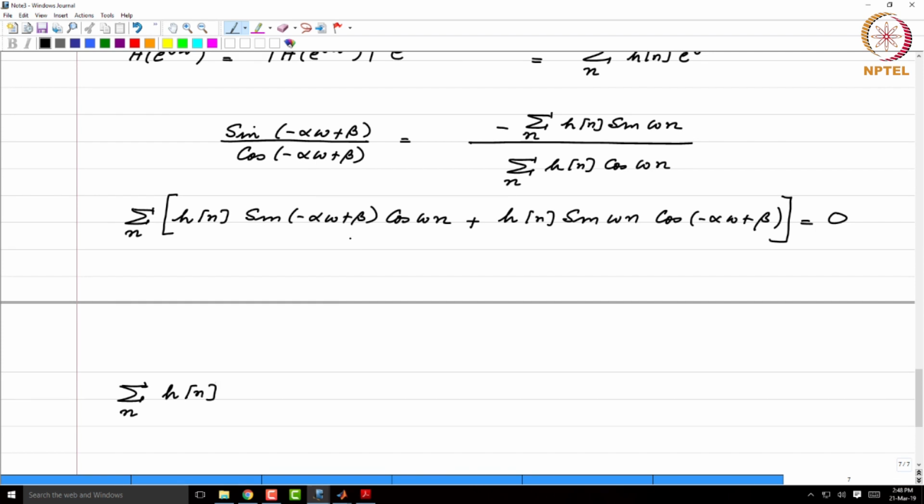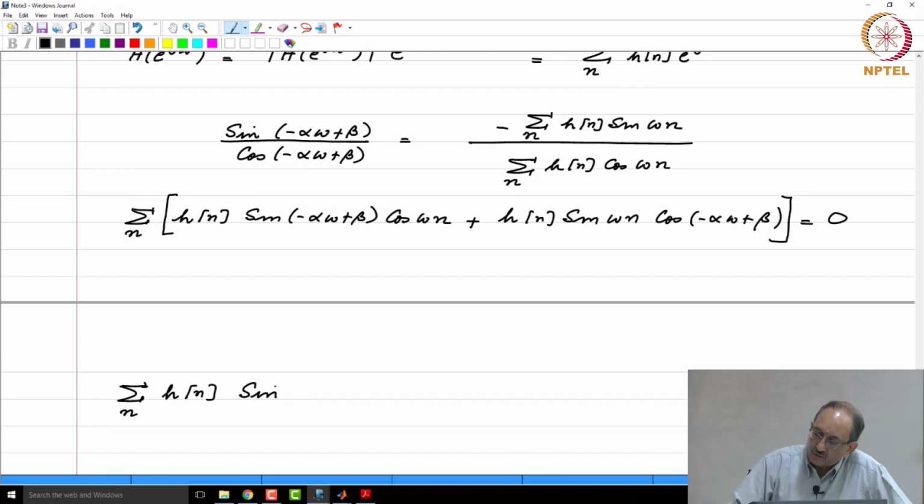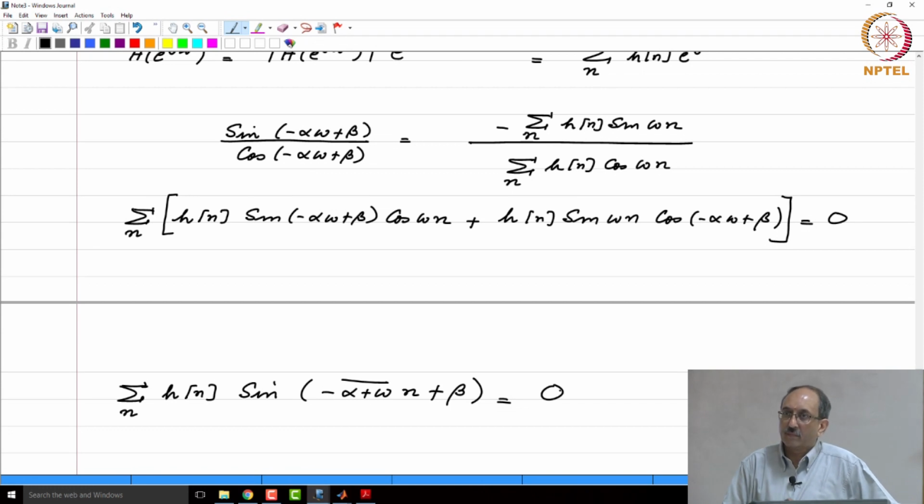So, this is of the form sin a cos b plus cos a sin b. So, this is sin of a plus b. Therefore, this is sin of minus alpha plus omega times n plus beta must be 0, right. Sin a cos b plus cos a sin b. Oh, so minus, sorry, this is minus alpha plus n times omega.